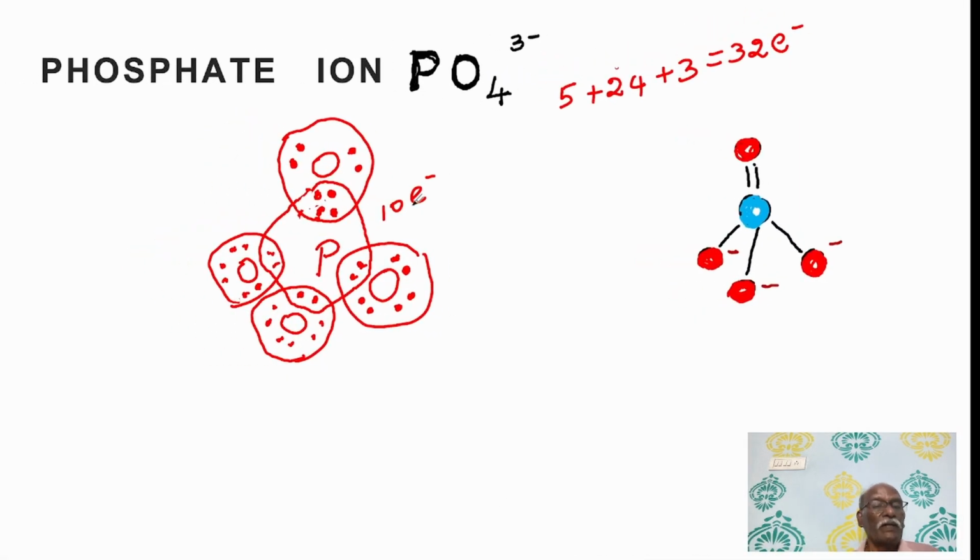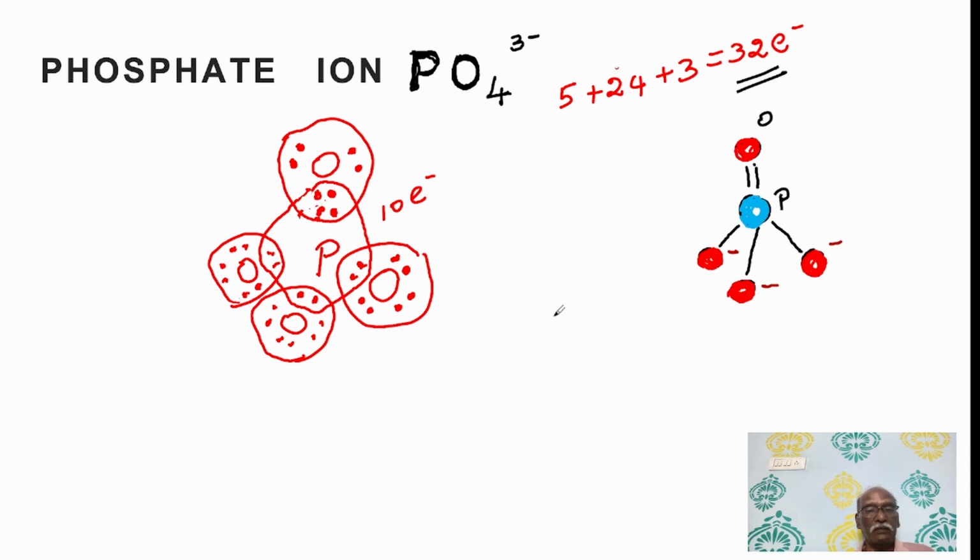And finally, we have come to another anion, the phosphate ion, PO4 3 minus: phosphorus 5 electrons, 4 oxygen atoms 24 electrons, 3 minus charges 3 electrons, then we have 32 electrons. Just like the SO4 2 minus ion. This is phosphorus at the center, and this is oxygen.